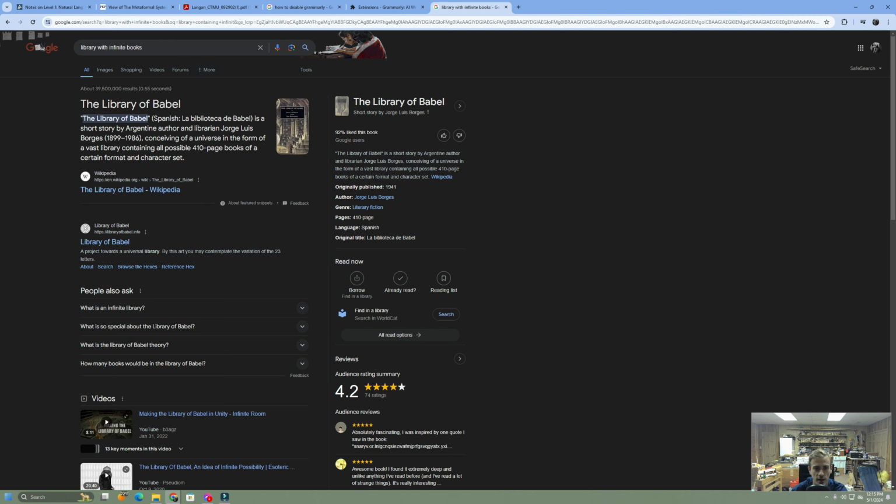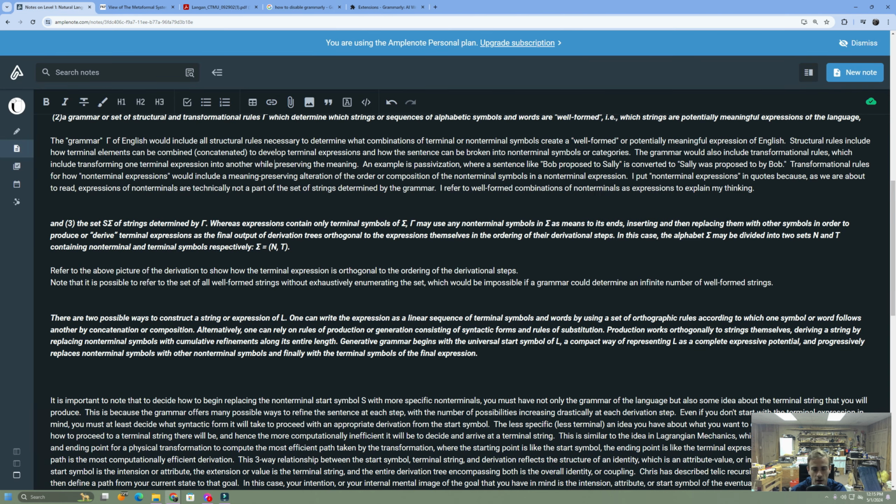The Library of Babel is a kind of thought experiment where you have a library that contains a book containing every single possible expression, basically, whether well formed or not, every single combination of the terminal members of the alphabet, and the only limitation on the size of the library is a limitation on the size of the terminal strings that you are willing to include.